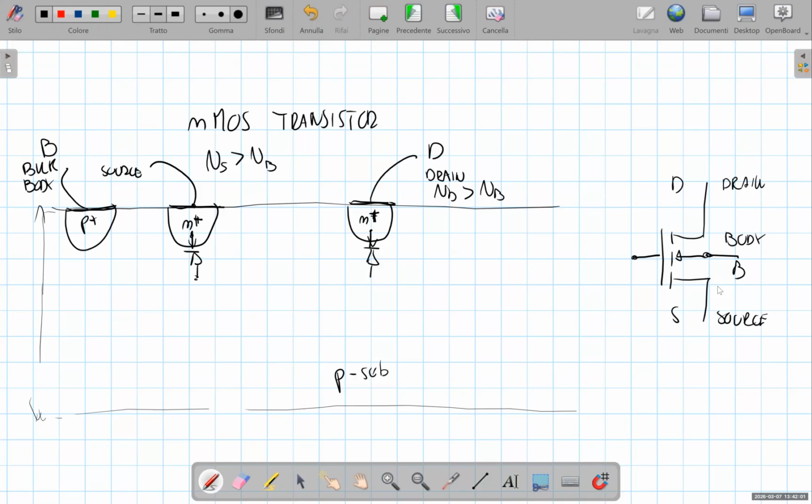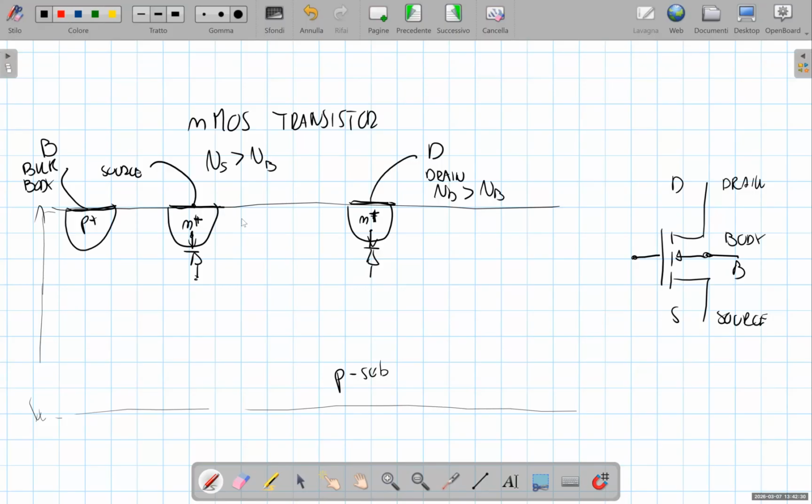Over this structure, without adding anything else, we have said that the junction between the source and the body and the junction between the drain and the body are reverse biased, so no current flows from the drain to the body or from the source to the body, and no current flows from the drain to the source or vice versa.